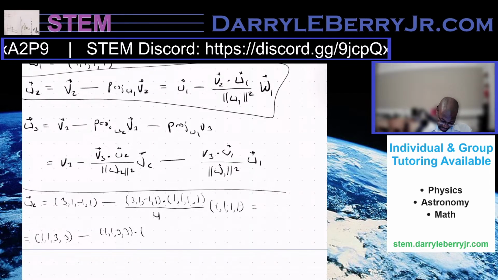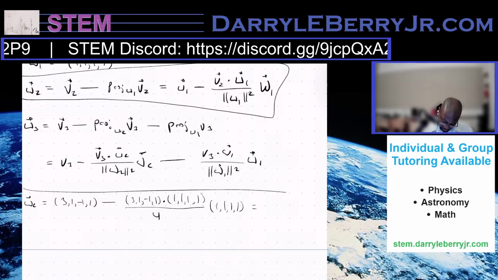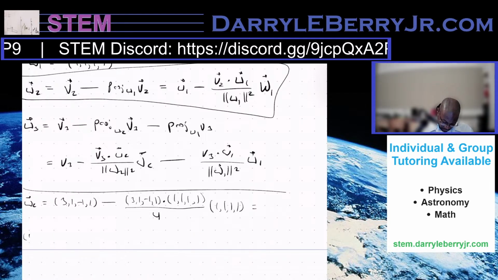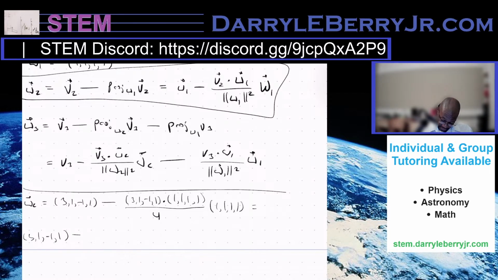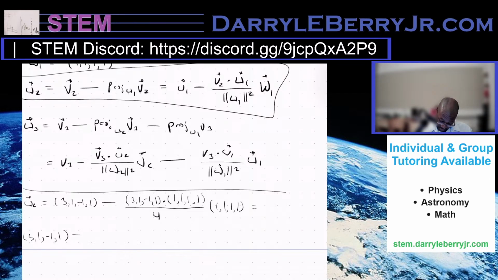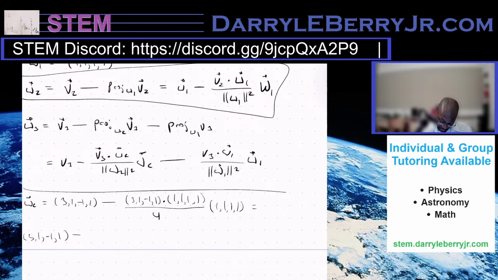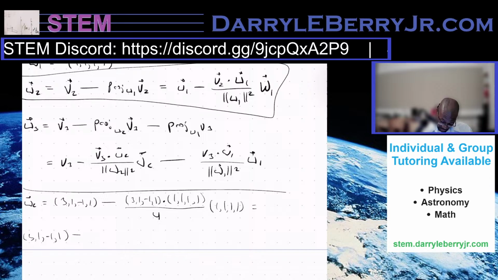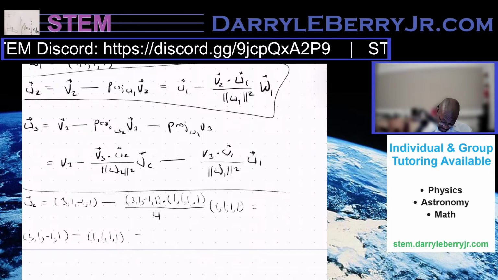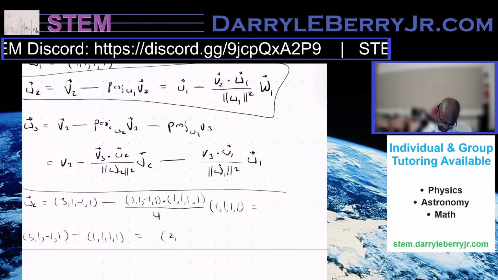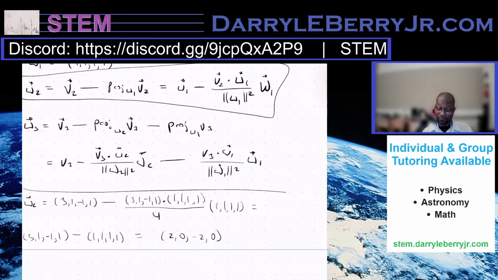It's going to be 3, 1, minus 1, 1, minus 3 plus 1 is 4, minus 1 is 3, plus 1 is 4, so that's 1, 1, 1, 1, 1. So that's going to equal 2, 0, negative 2, 0. And that's what they got.